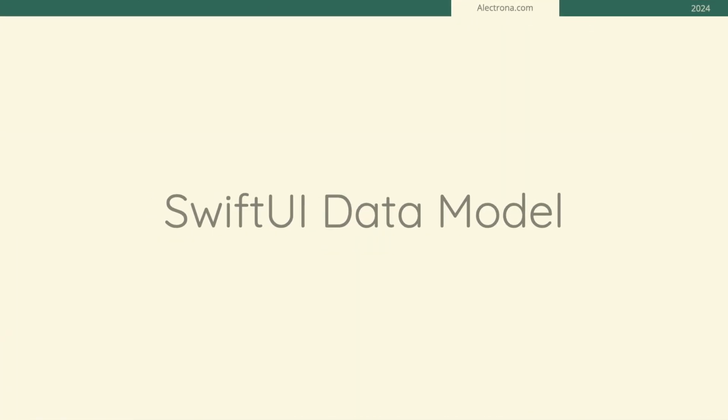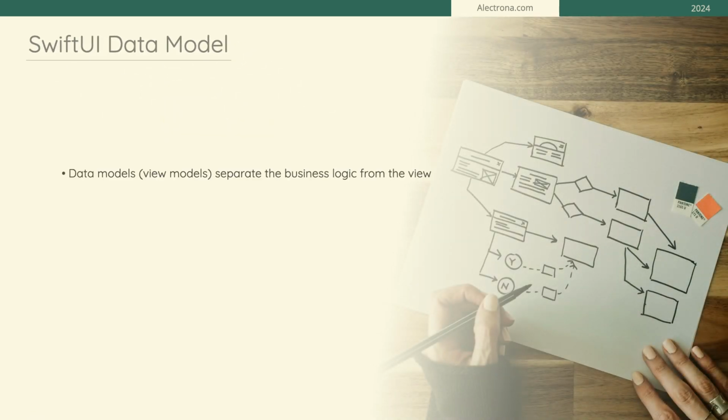Let's talk about SwiftUI data models, and we'll look at our data model first. And if you've looked at the file, you're probably going, what the heck is this? And we'll talk about that. But what is a data model? When you create a SwiftUI app, typically you're not just going to have one view that does all these things. You're going to separate the components of the app out. And the SwiftUI data model, sometimes called a view model, separates the business logic from the view.